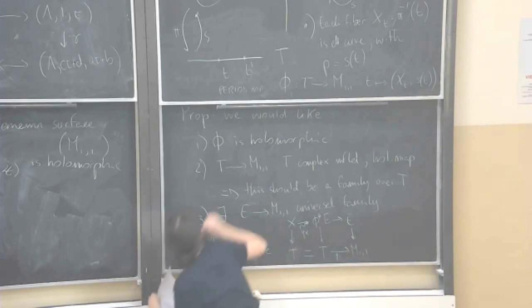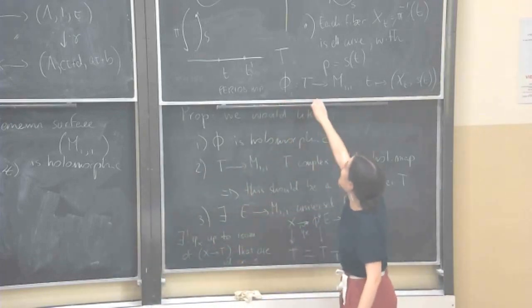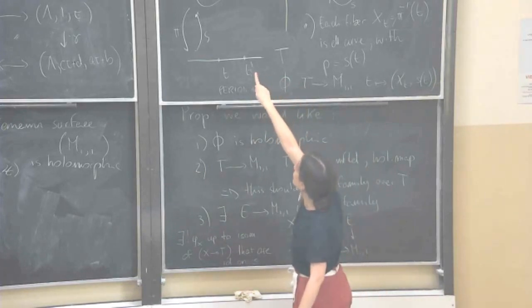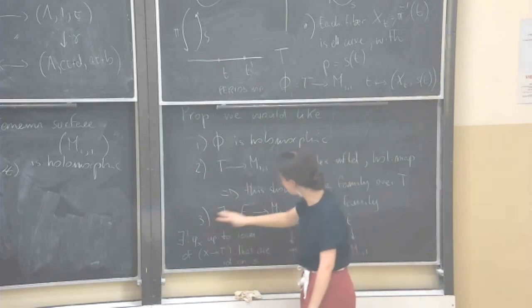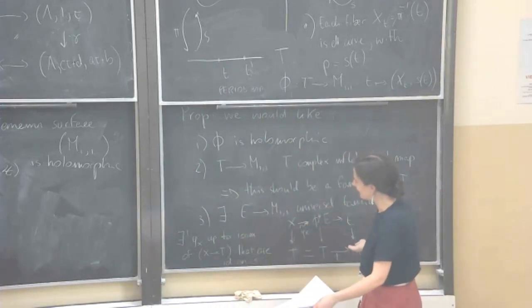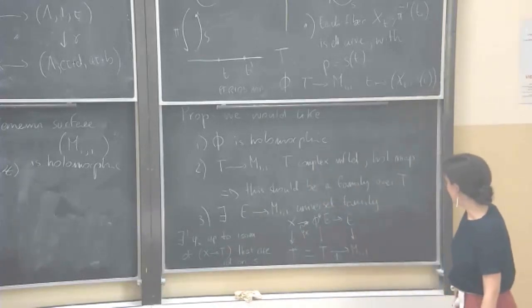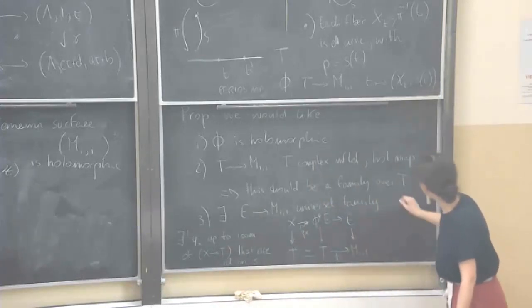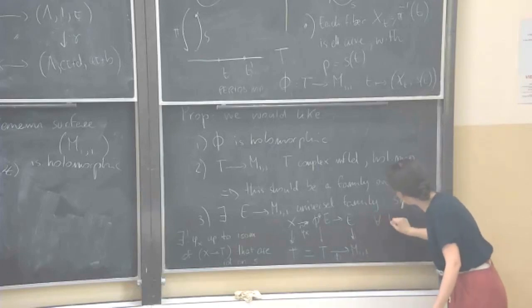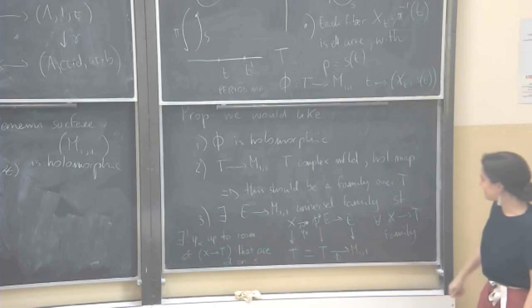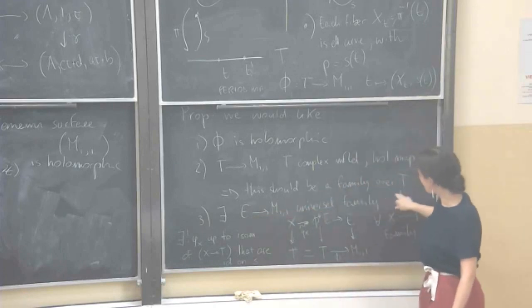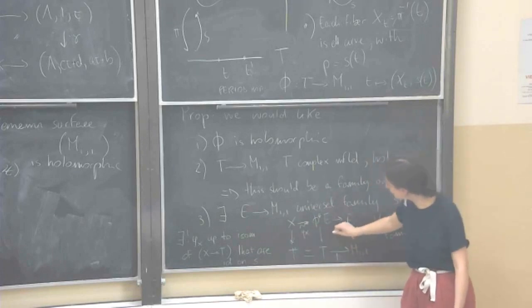That's basically it. So the family is defined by having a T, X, I, and S, and we want that on S, this isomorphism of family is the identity. Okay, so we want to have a universal family, which means that for every other family, we have a factorization like this through the pullback.